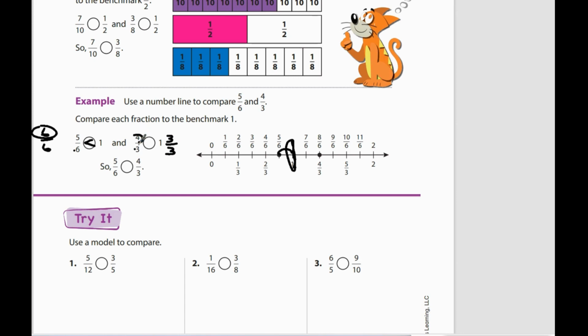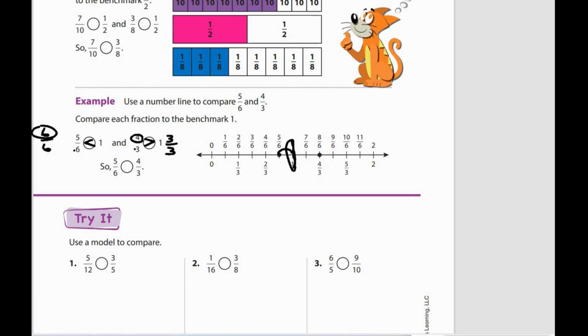This is 4/3. This is a whole. That means if I have 4/3, I passed a whole. I'm not 2 wholes yet, but I'm over a whole. So I can say that 4/3 is greater than 1 whole. Okay, because again, we're comparing it to the whole.